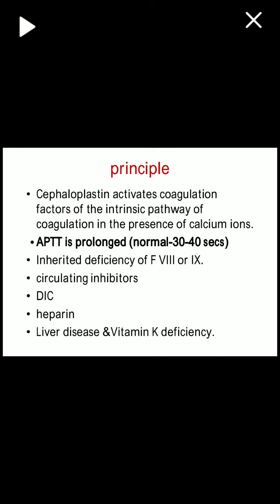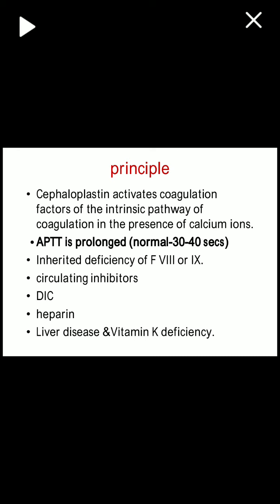The principle behind activated partial thromboplastin time is that cephaloplastin, which we add to the patient's plasma, activates the coagulation factors of the intrinsic pathway in the presence of calcium ions. Normal APTT is around 30 to 40 seconds. APTT is prolonged, like PT, when there is abnormality or inherited deficiency of intrinsic factors, that is factor 8 and factor 9, and with some circulating inhibitors.